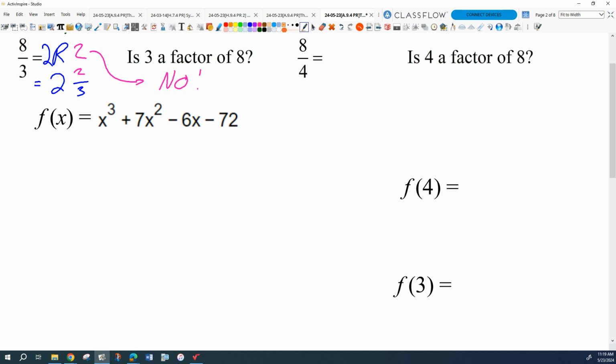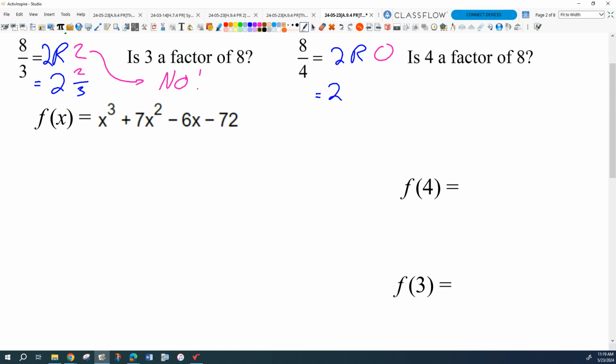What's 8 divided by 4? 2. It's equal to 2 with a remainder of what? 0. Aha. So we would just write our answer, we don't even write a fraction, we just write it as 2. Okay, you tell me, is 4 a factor of 8?